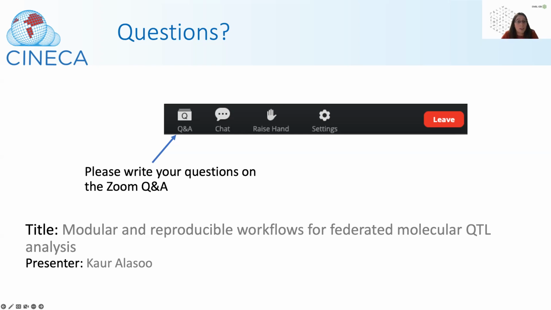Thank you. Then, outside Nextflow and WDL, how feasible is it to work with other workflow languages in such a federated environment? I think the practical answer is you should look at what's supported by the TREs that you want to use to run your analysis. At the moment, I think Nextflow and WDL are best supported by the different TREs.